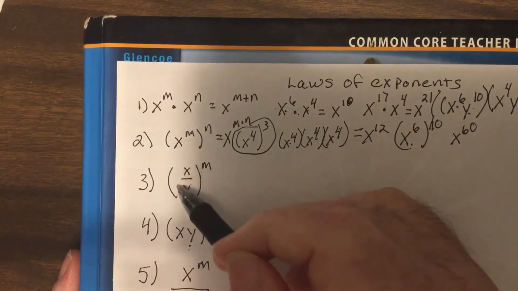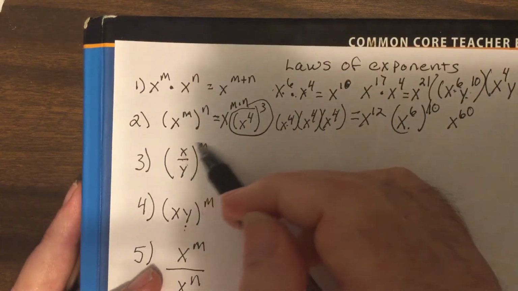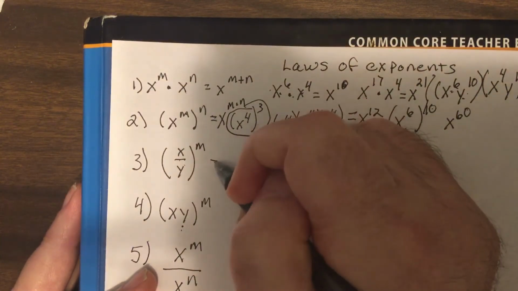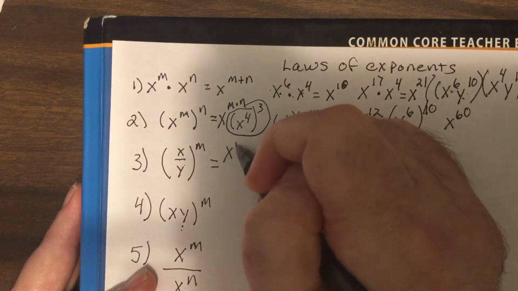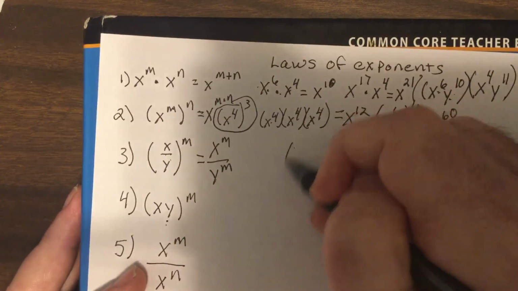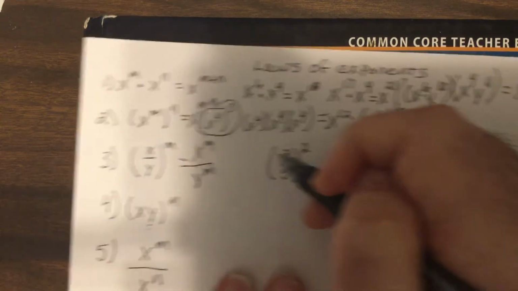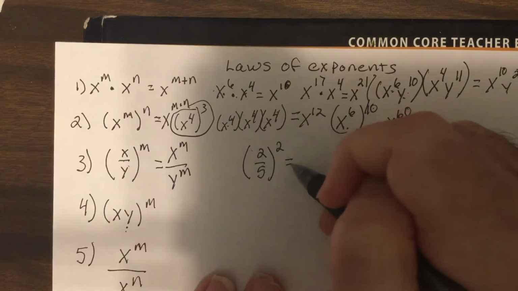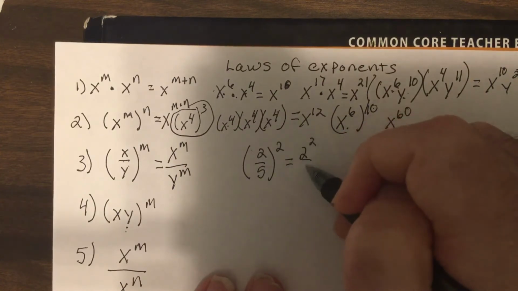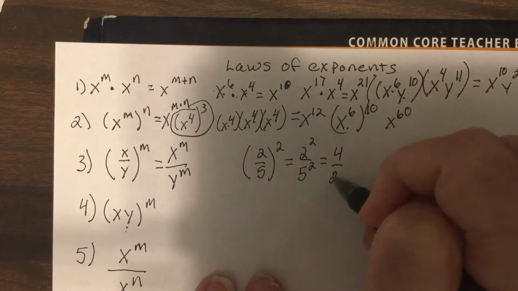What if you have a fraction or a product raised to a power? Well, you raise everything in there by that power. So it'd be x to the m, y to the m. So if I said 2/5 squared, since it's all in parentheses, you'd have 2 squared over 5 squared, which is 4 over 25.